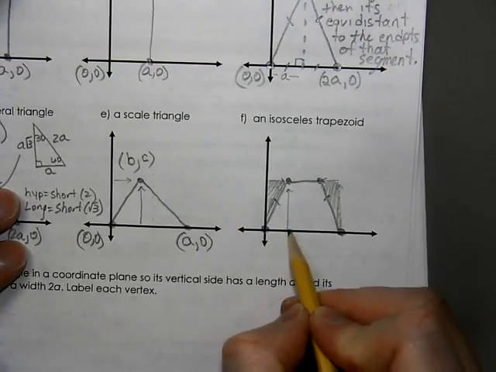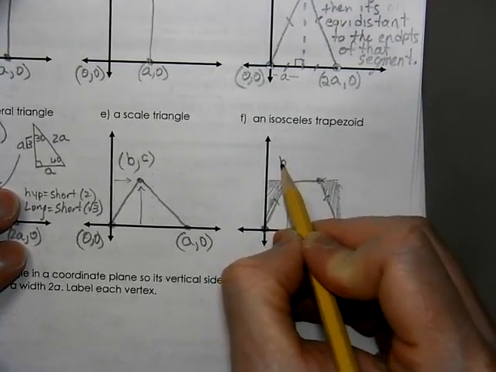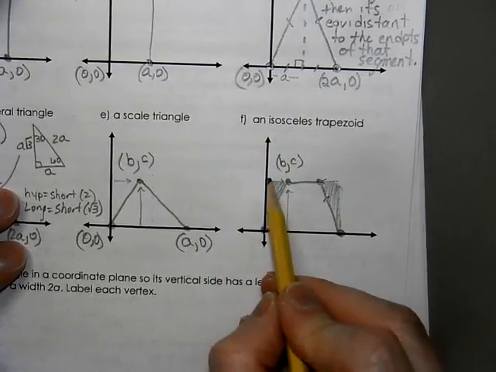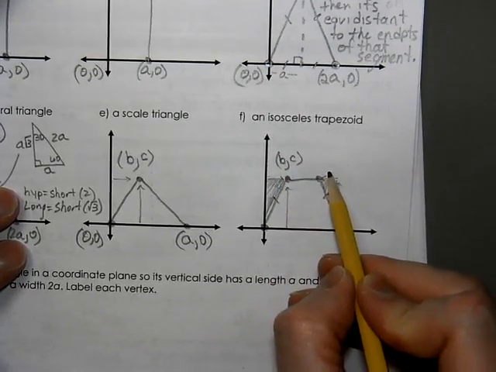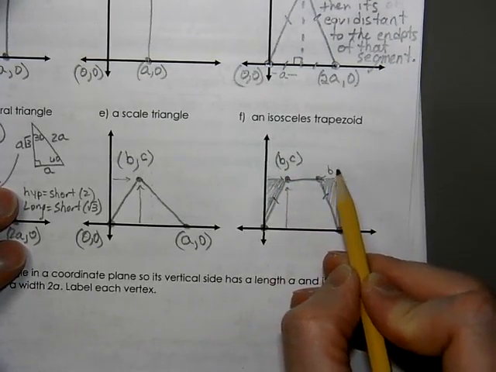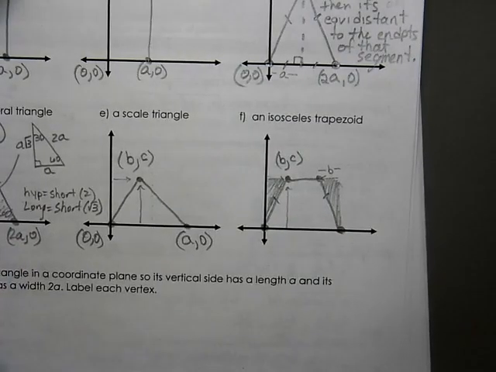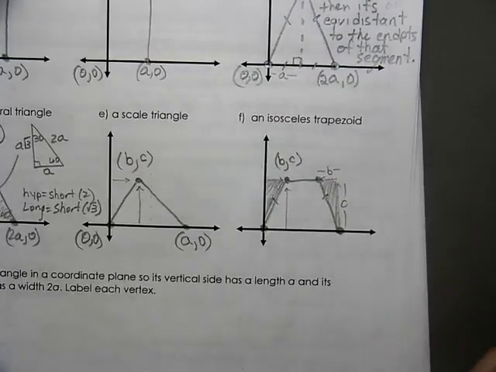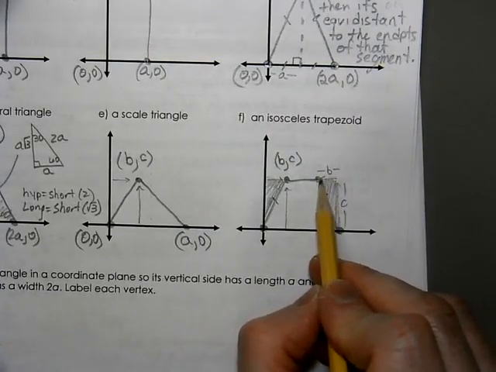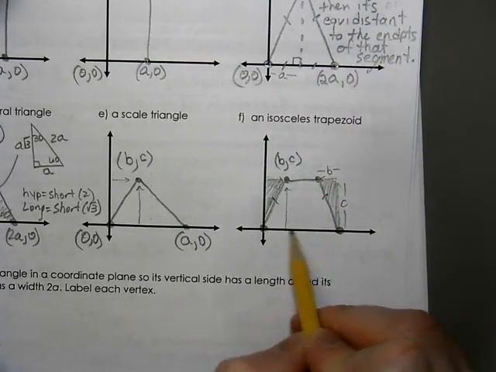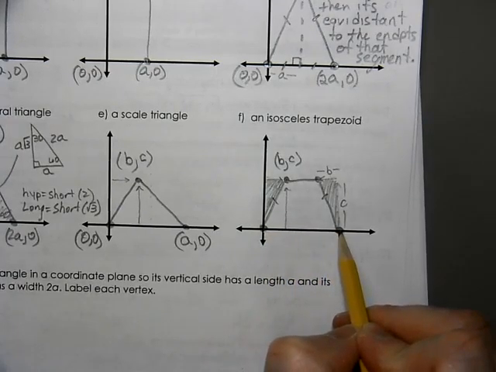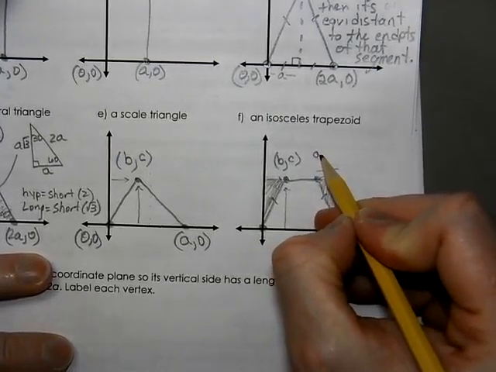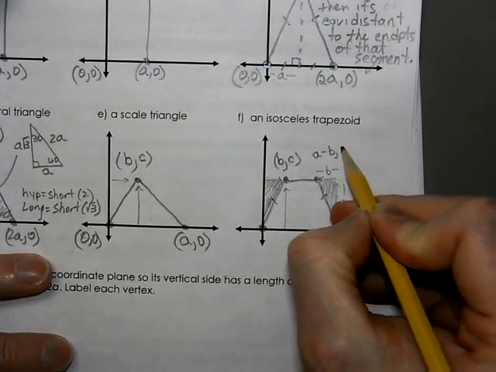So this distance, which we'll call B, and the distance up we'll call C. Over is B, so this distance here is B. The distance up, of course, is C. So this little bit here is B. So we're going to go all the way out to A, and then we're going to have to back up this distance of B. So this coordinate is A minus B, comma C.